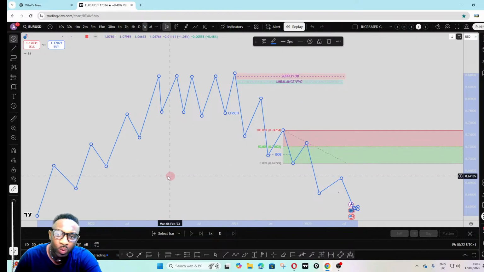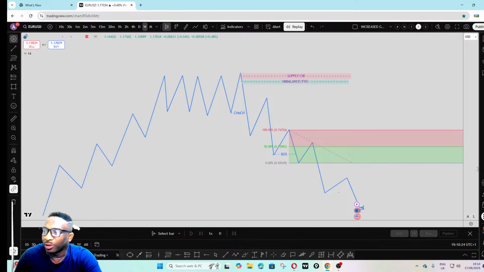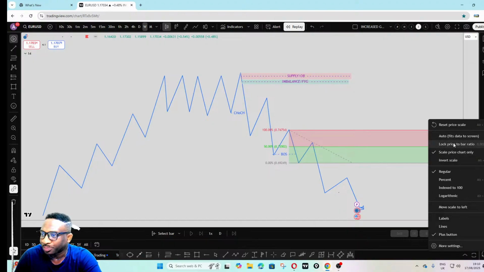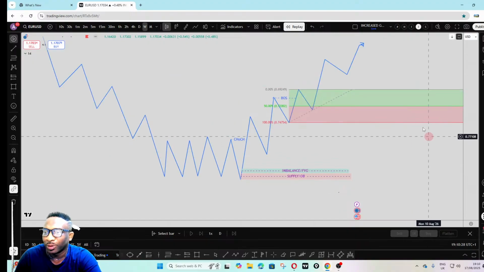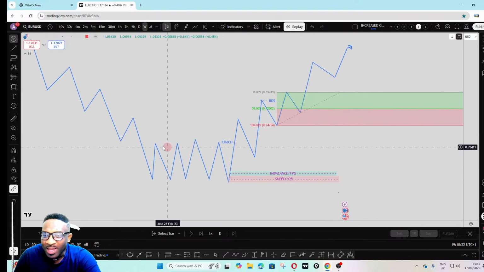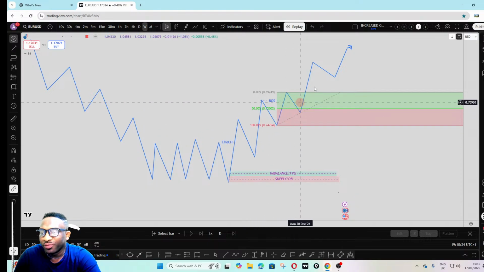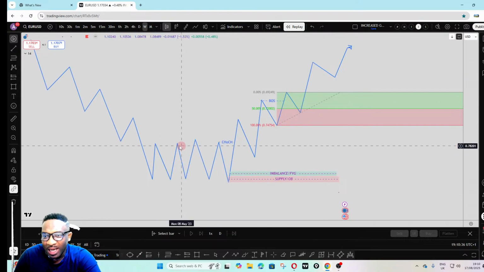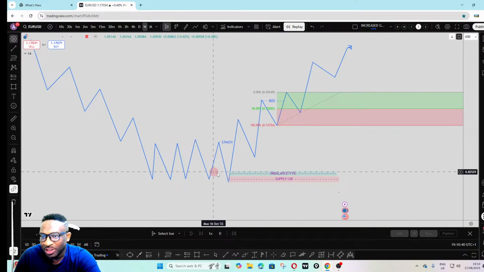That's the ideal way. On the other side, we have an upward move here. Price had this consolidation here. We had a change of character here, and then this change of character, the same way you want to see price coming into.